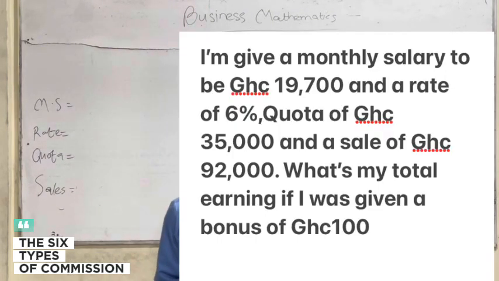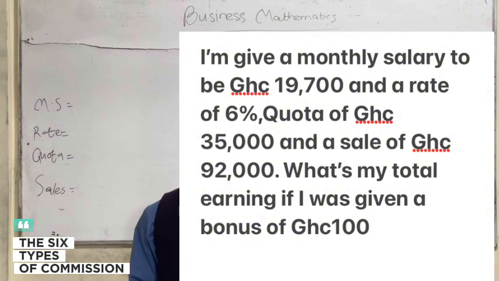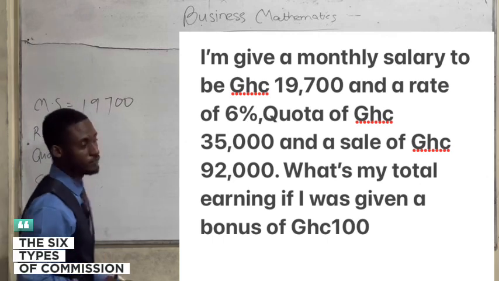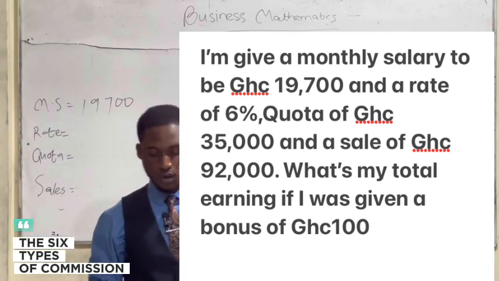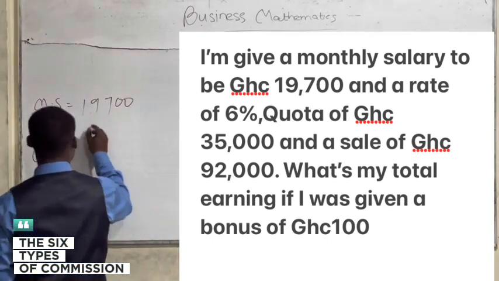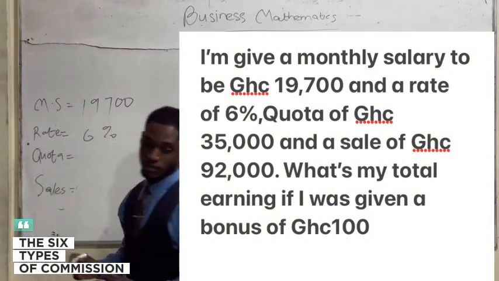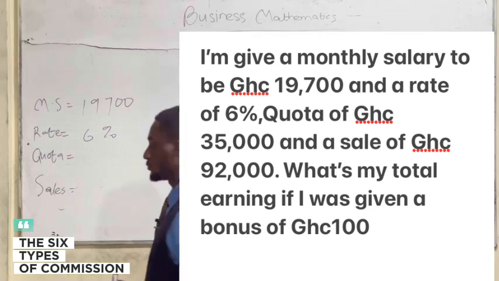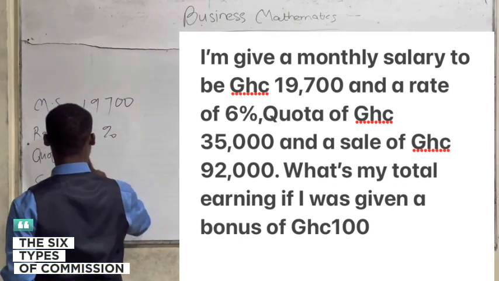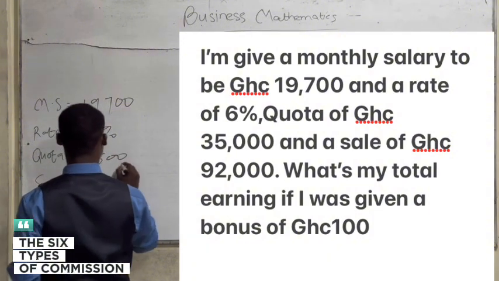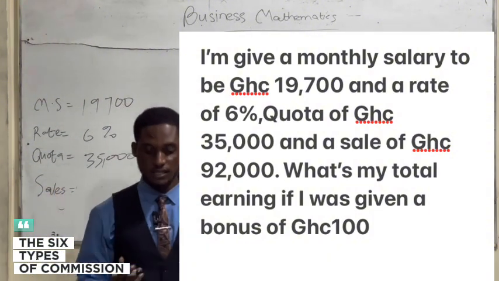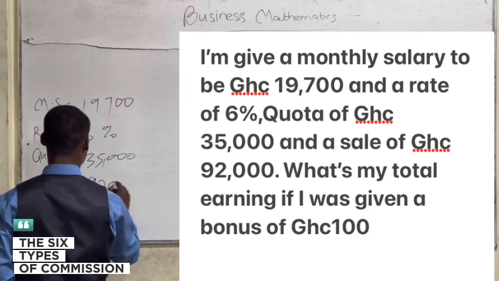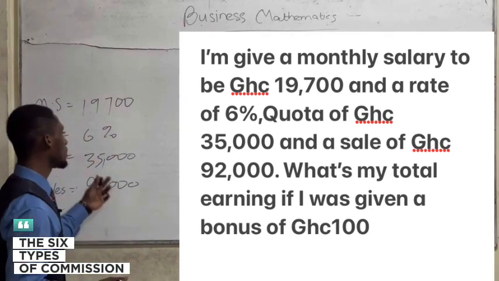So for instance, I'm given a monthly salary of 19,700, and a rate of 6%, a quota of 35,000, and sales of 92,000. How then do I go about this?